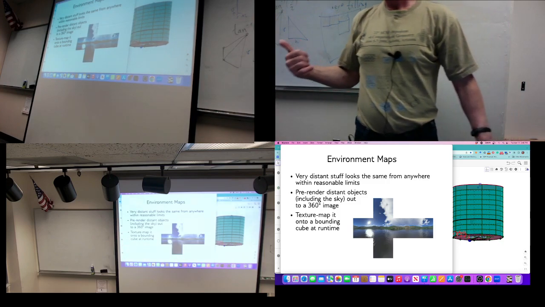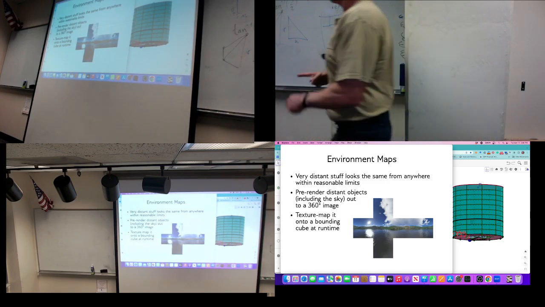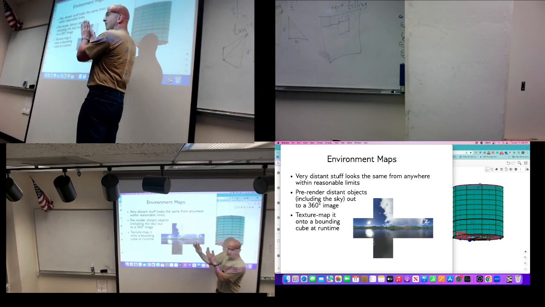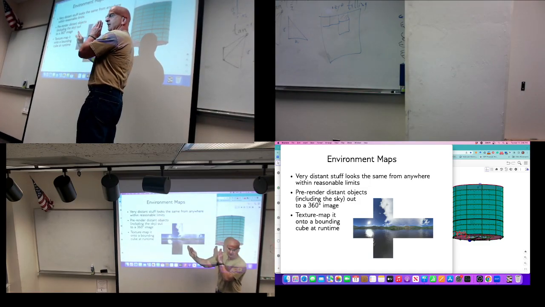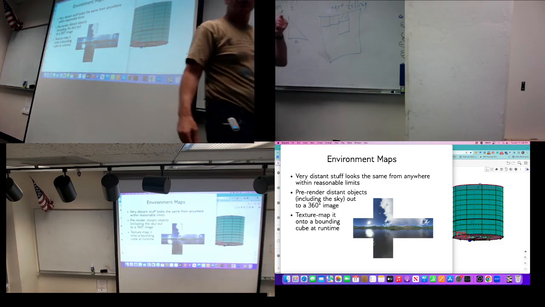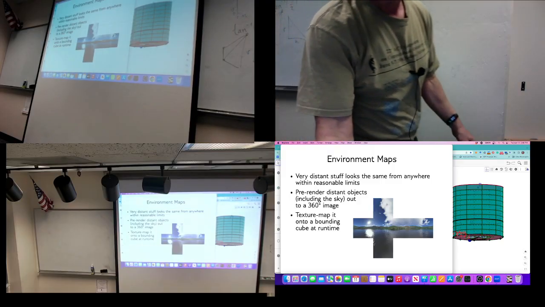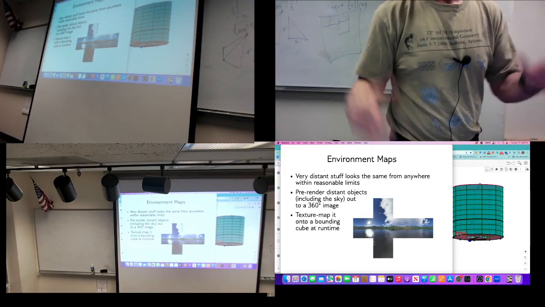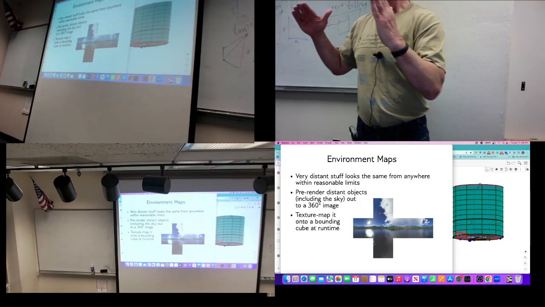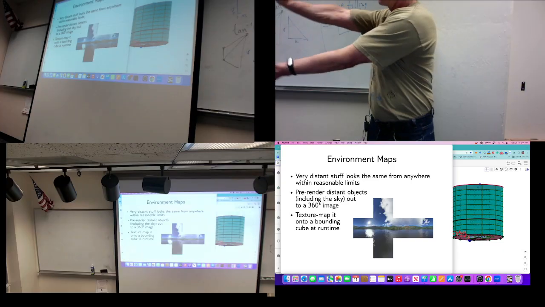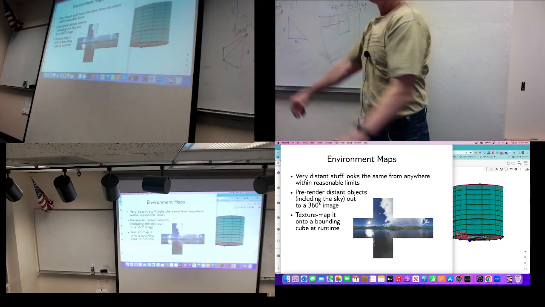And why can I do it? Because to make one tree somewhere in the background occlude another tree, I need to move quite a lot, and anyhow, it's so far in the background that probably I don't see it. So because it's far away, even if you're moving, the image is fine modulo the homography, of course. If you are changing your location, you need to do something for the image.